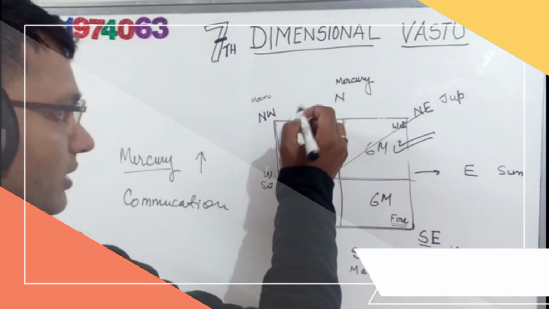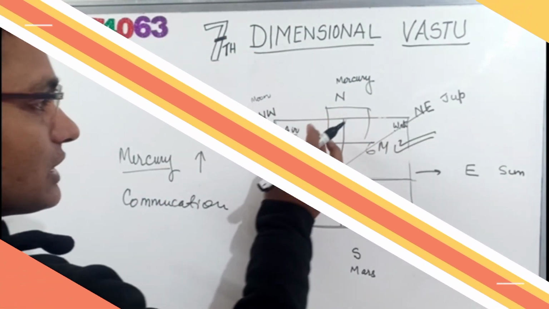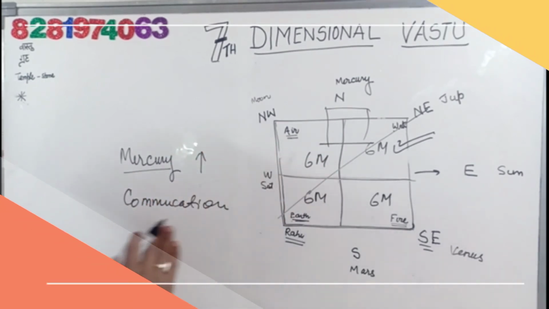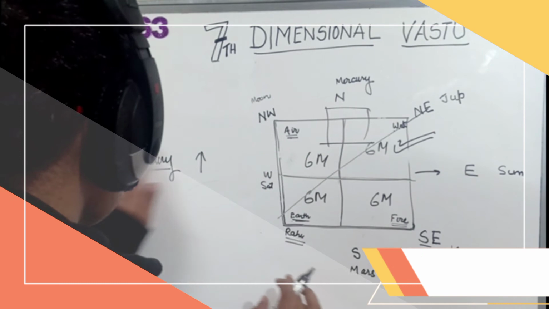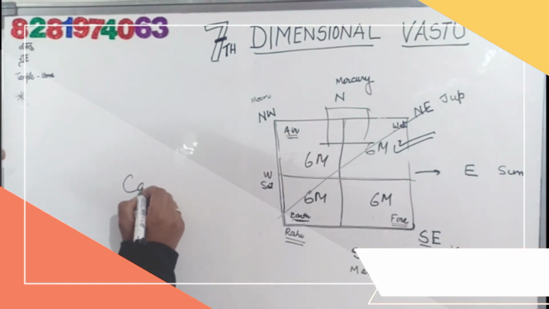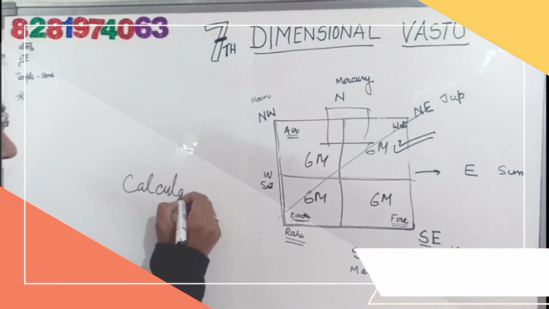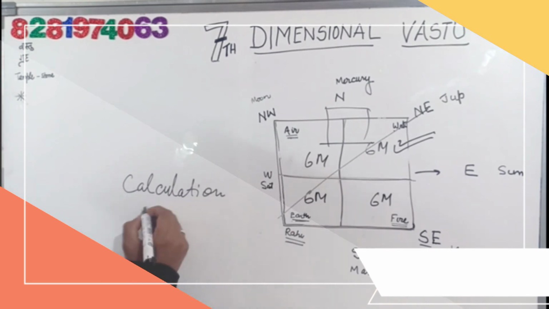This corner is ruled particularly by Mercury and Moon. If you say it's a joint effect, for business purpose it will increase your communication skill, your calculation skills.